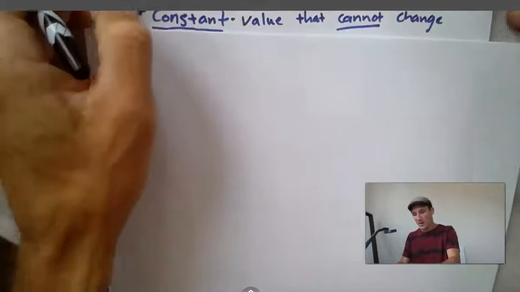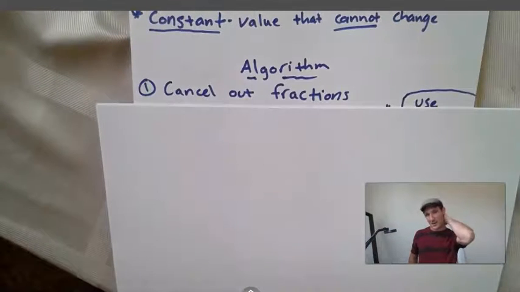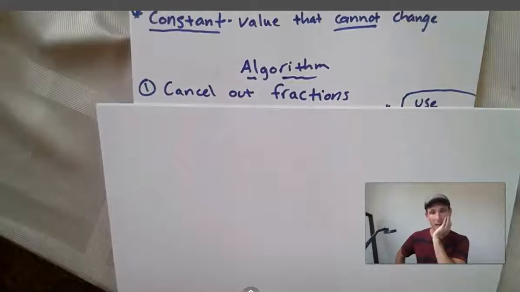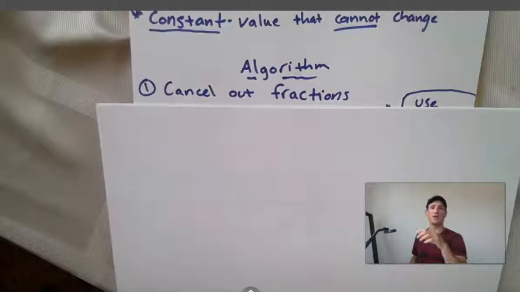Okay. Let's get to the actual algorithm itself, okay? Step 1. Again, I wrote this. I don't like fractions, and so if I see a fraction in my equation, I'm immediately going to attack it and get rid of it. So I'm going to cancel out the fractions, okay? Make sure there's no more fractions left in my equation, as much as I can help it.